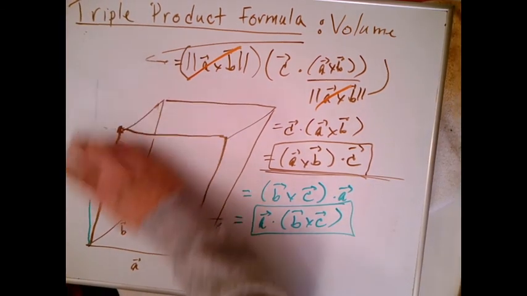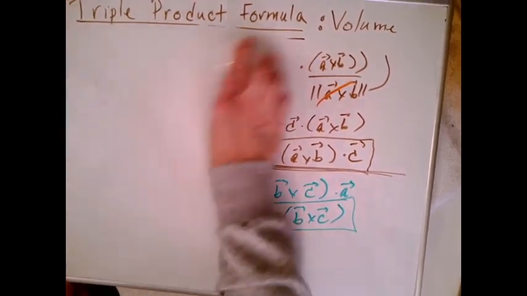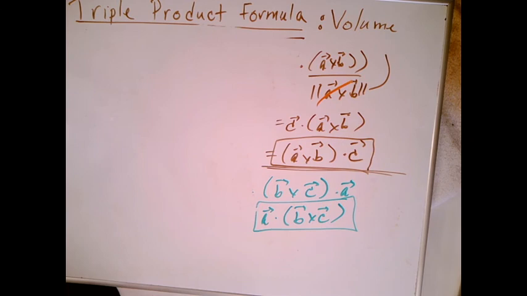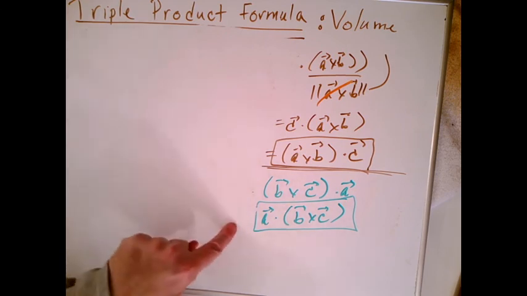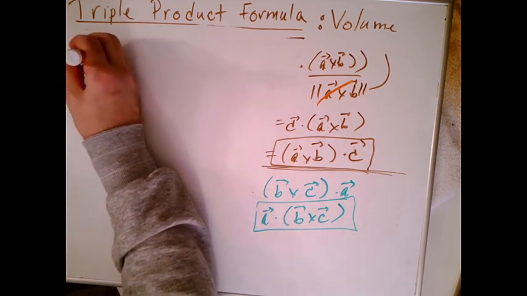I'm not sure who thought of this first. You're talking about really bright people, probably in the late 1700s, or maybe 1600s, 1700s I'm thinking. Anyways, the formula that we want is just that A cross B dot C is the same as A dot B cross C. So here's the triple product formula.